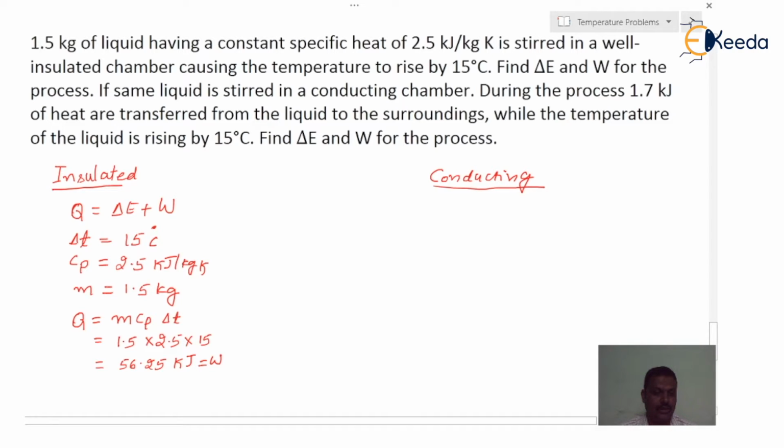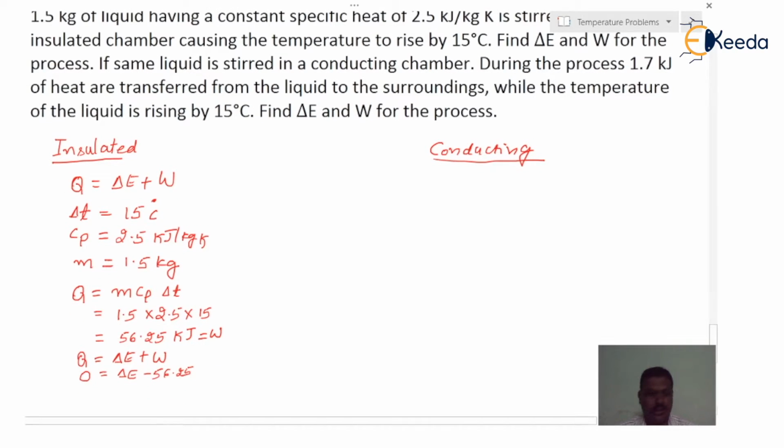Q equal to delta E plus W. Since it is well insulated, it is 0 equal to delta E plus W. Work is done on the system, so it is minus 56.25. So the change in internal energy is delta E equal to 56.25 kilojoules.